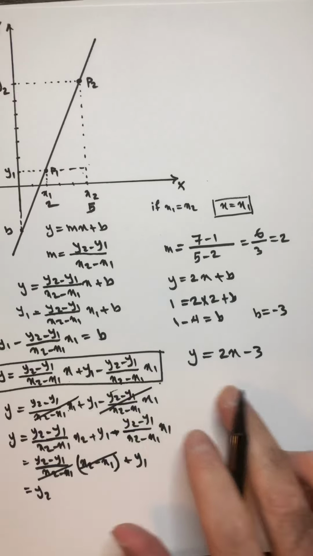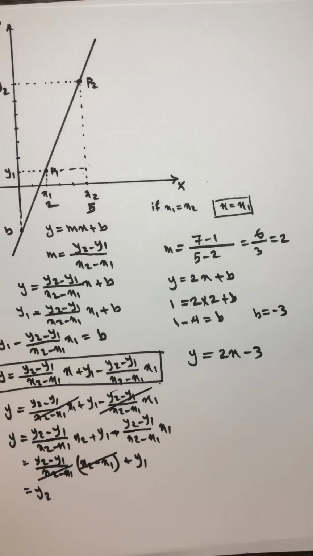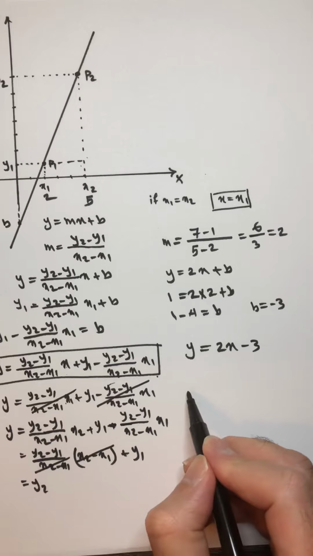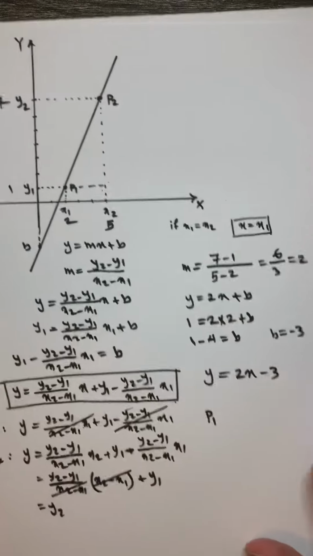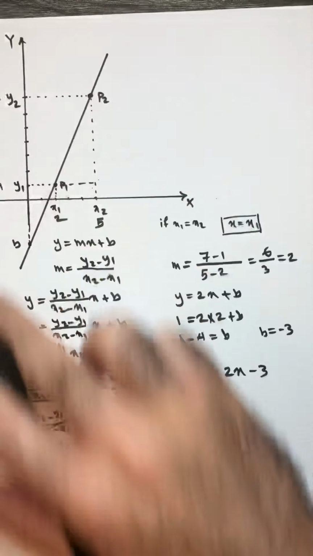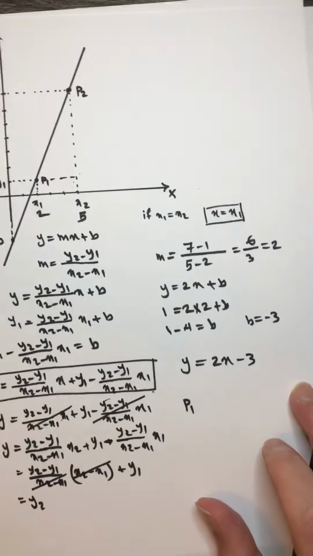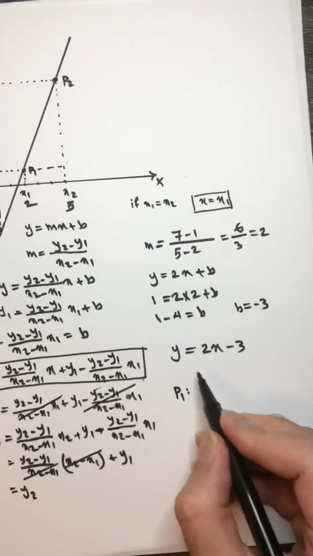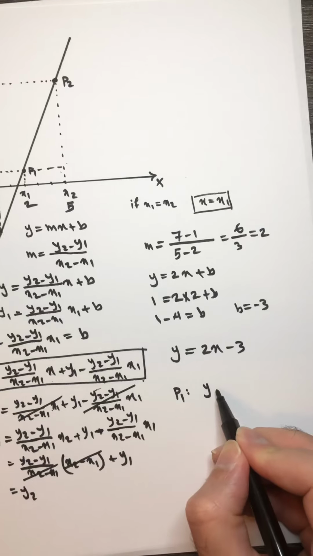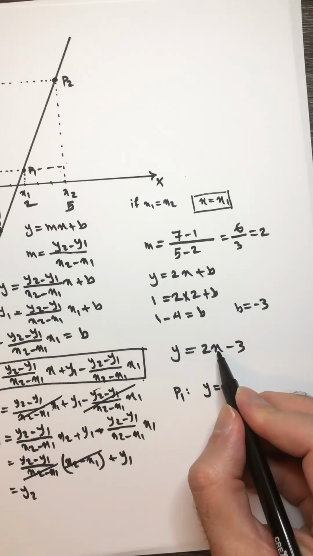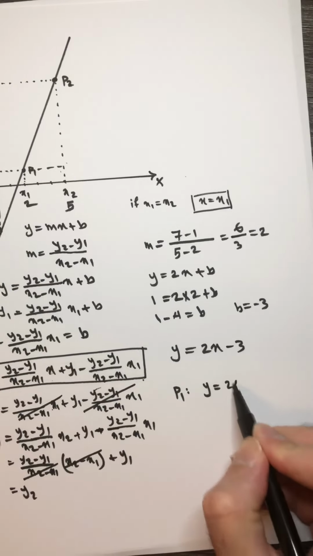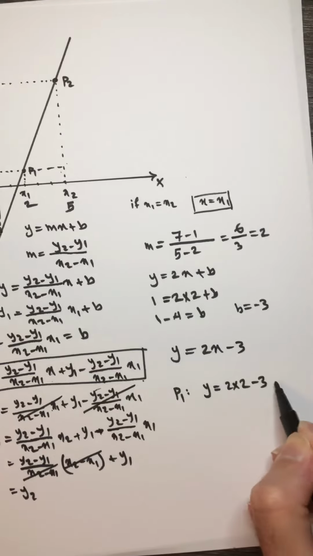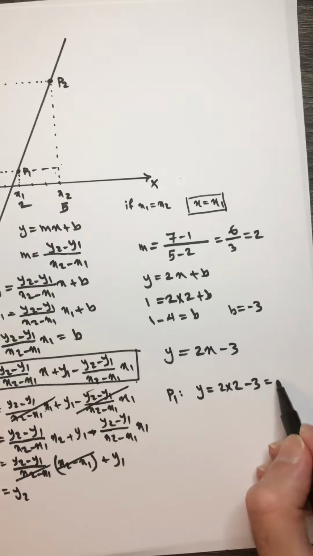But as we said, we have to check that this is the correct equation and that we have not made any mistake. For that, we need to check that both P1 and P2 lie on this line, or fit into this equation. For P1, we insert the x-coordinate, which is 2. So 2 multiplied by 2 minus 3 equals, this is 4 minus 3, which is 1.